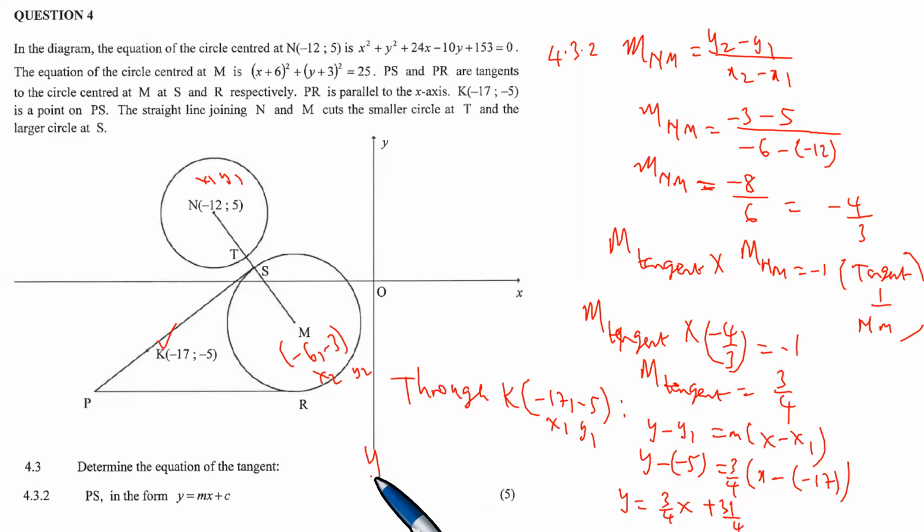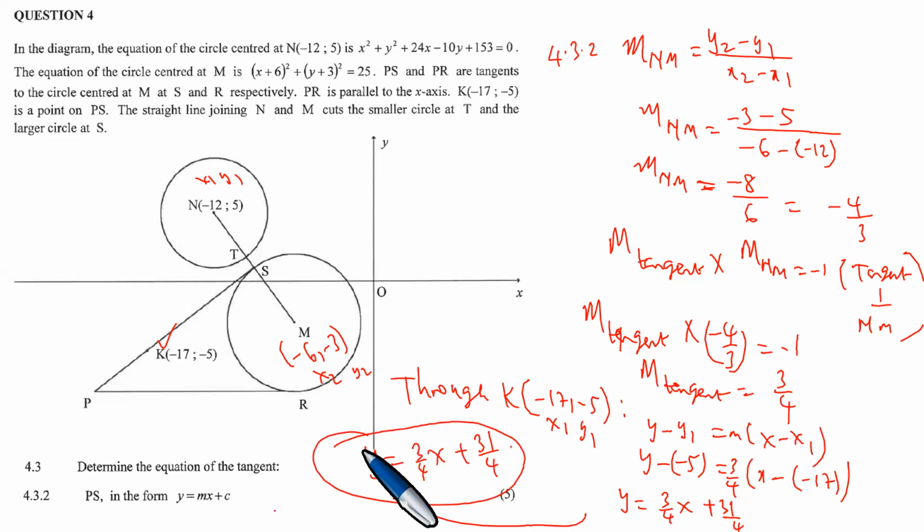So the equation, therefore, is 3 over 4x. And then you have plus 31 out of 4. Okay, so this here is the equation they want.